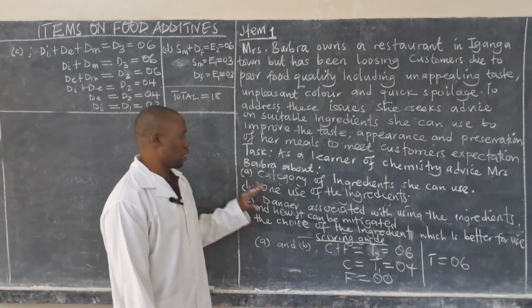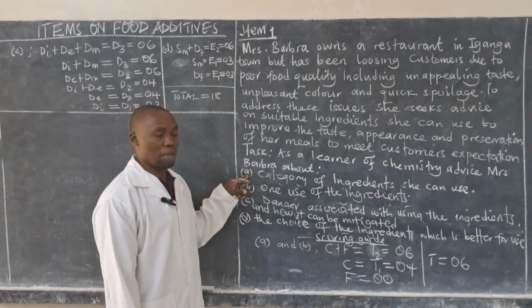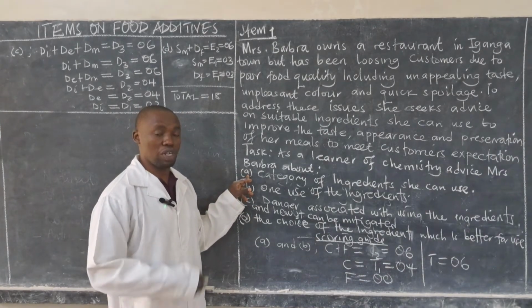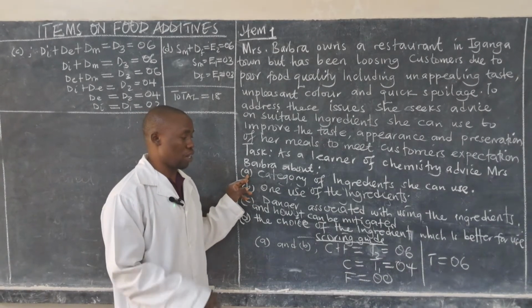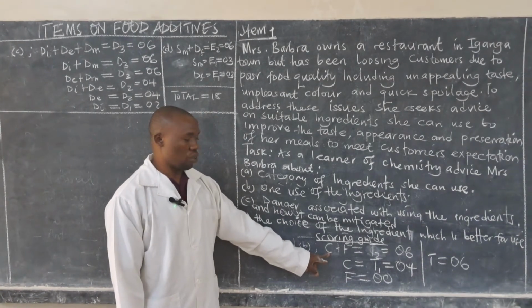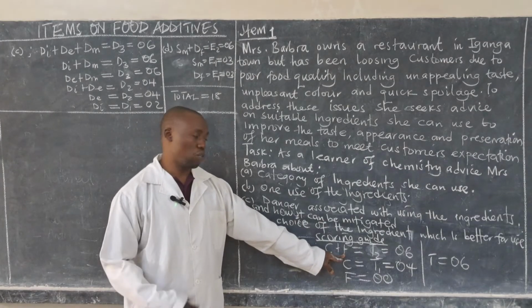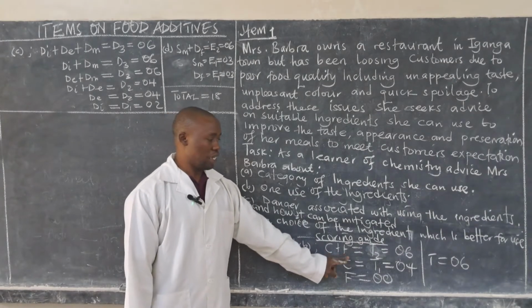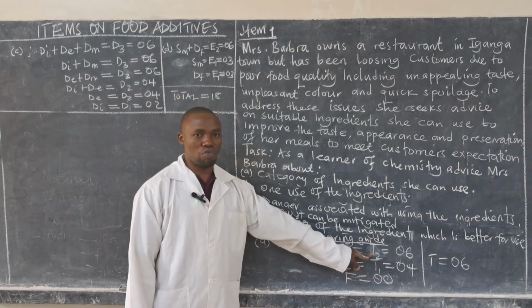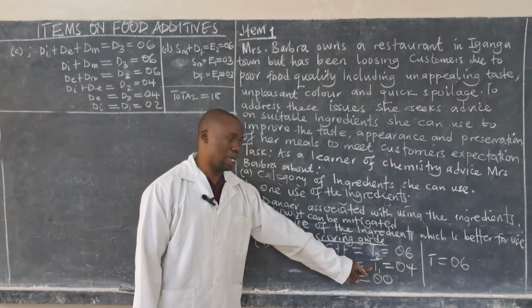What's very important in part A and B is to first attempt part A for category. If the learner fails the category, they cannot score on the function. The code for category is C, the code for function or the use or how it works is F, then T2 is the code for the second level of assessment because there are two levels, T1 and T2.